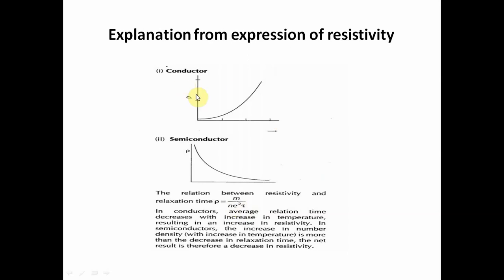So in the case of a conductor, the relaxation time decreases, therefore resistivity increases. But in the case of a semiconductor, n increases, therefore resistivity decreases. So that was all about the temperature dependence of resistivity.